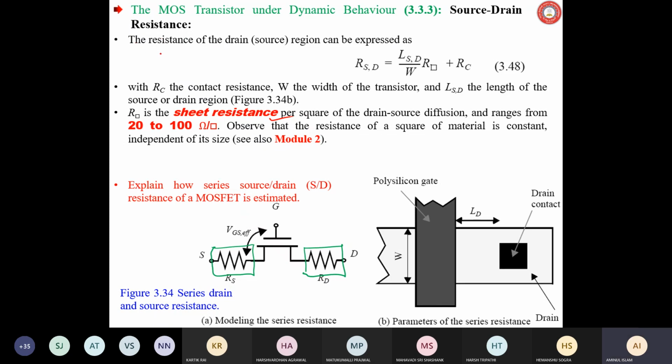What is the meaning of that? Suppose you have a sheet of interconnect wire, and your length L is say 100 micrometer and the width is 10 micrometer.